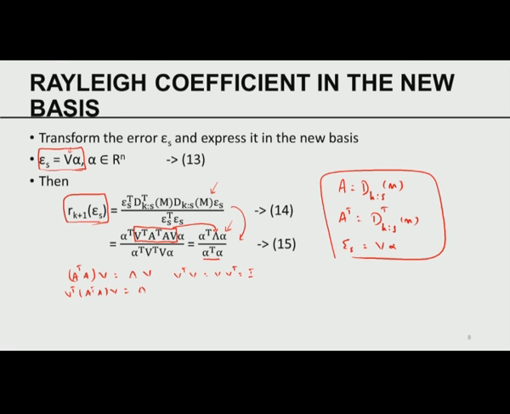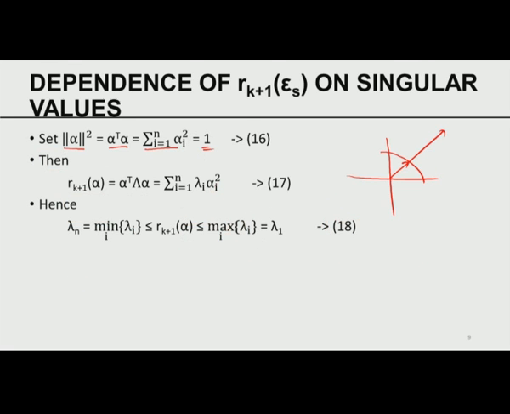In this case, the denominator becomes 1. Therefore, R k plus 1 of alpha is essentially the numerator, which is alpha transpose lambda alpha, which is again given by the sum of lambda i times alpha i square. From here, the following inequality follows directly. This is the actual value.